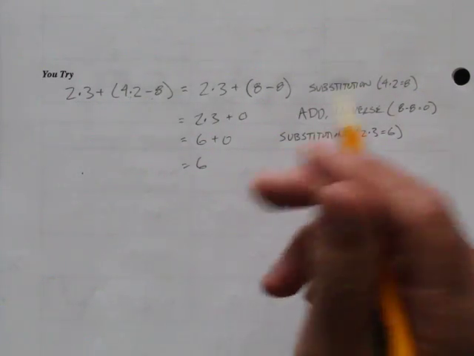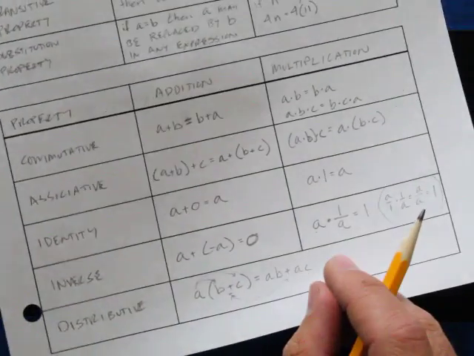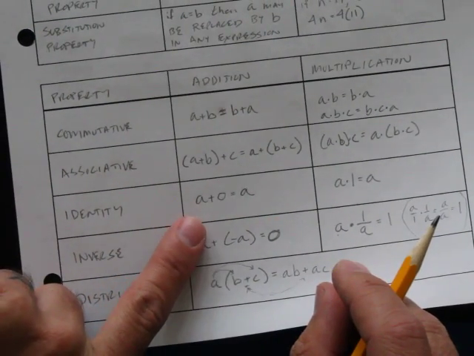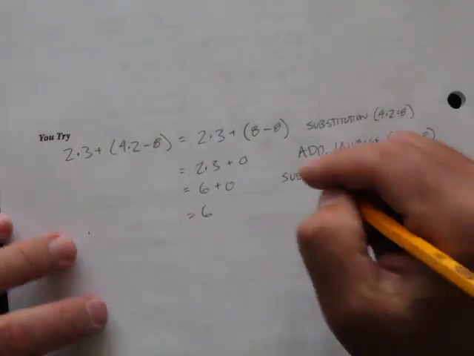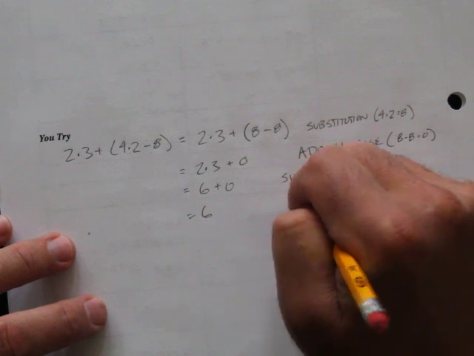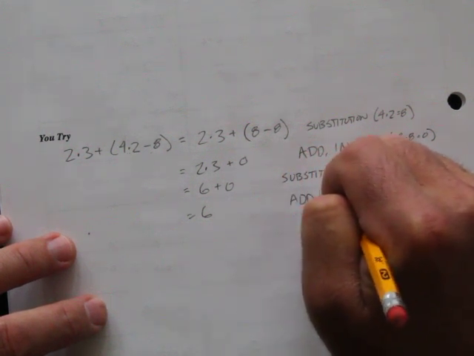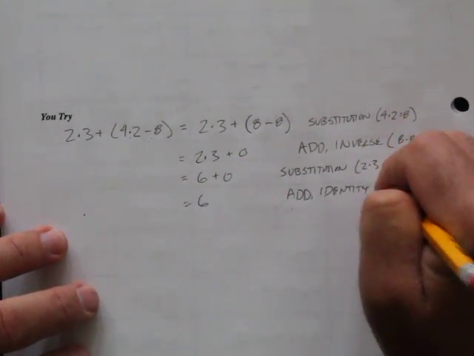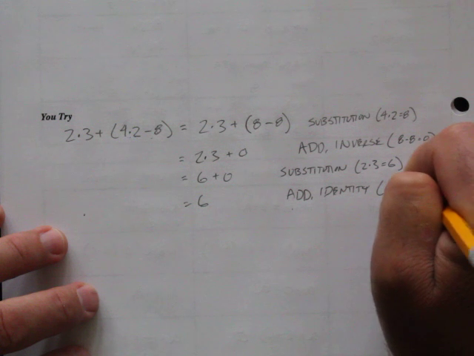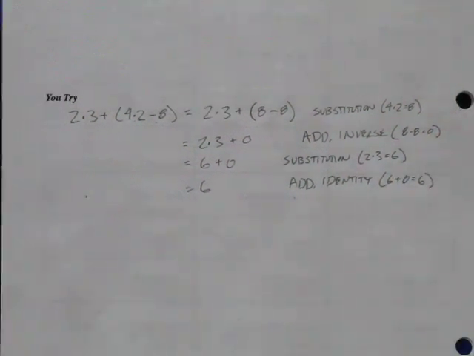We have the identity property of addition. I'm going to call that additive identity. And that is 6 plus 0 equals 6. And that is all we have for Algebra 1, Section 1-3.